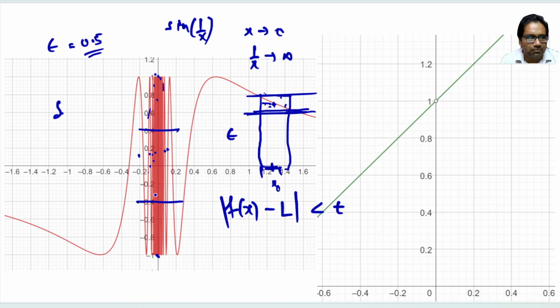But the point is, we need not just one or two values of x. We need all values of x within a range for which f of x is always lying between these two horizontal lines. Within two values of x around this x naught, the value of the function should always lie between limit plus epsilon and limit minus epsilon.